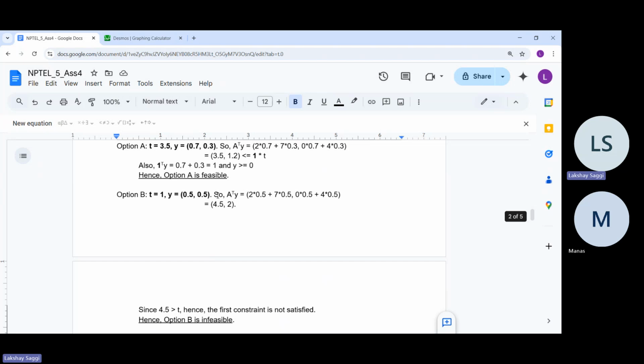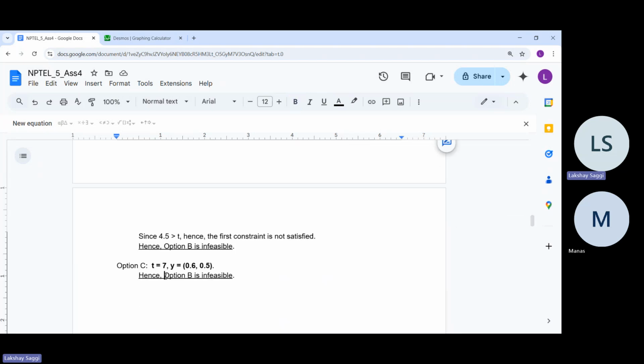You don't even need to check the value of A transpose Y. I claim that you don't even need to check the value of A transpose Y. You can just see from here directly that this is infeasible. And Manas, would you like to point out why is this set of values infeasible? I can directly say that option C is infeasible, but what's the reason? Would you like to point out the reason in chat?